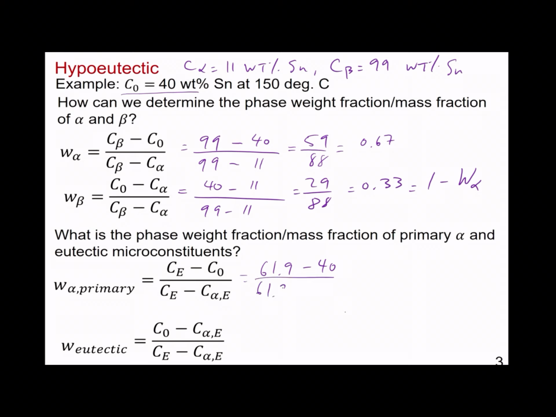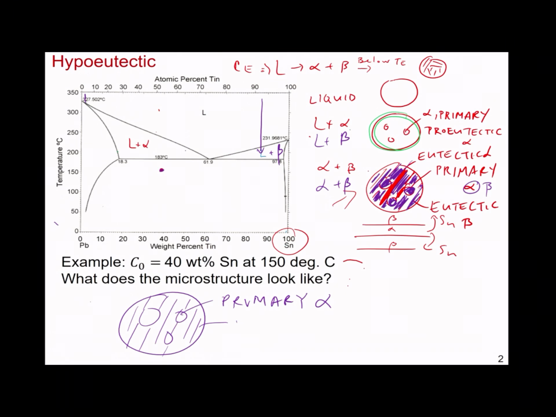And then the entire length is C eutectic, 61.9, minus C alpha at the eutectic temperature, which is 18.3. Where did I get that? Off of the phase diagram. I'm going to go back to the plot. If I draw my tie line, okay, C eutectic right here, if I come down, well, it's already drawn for you.